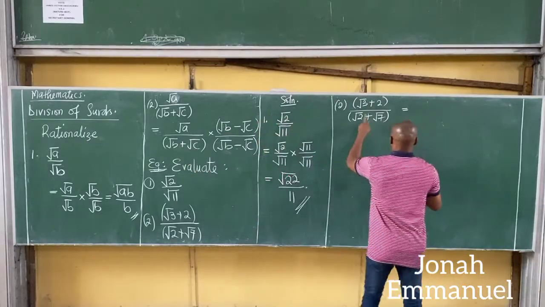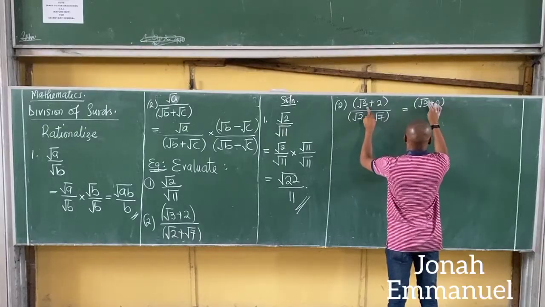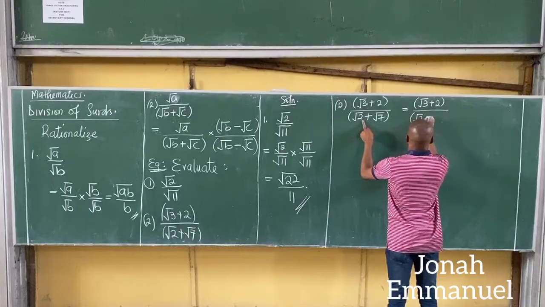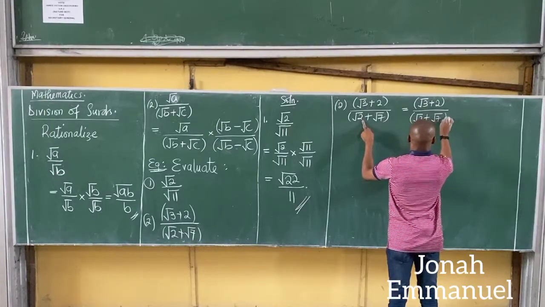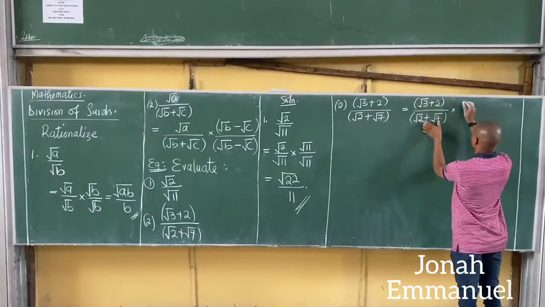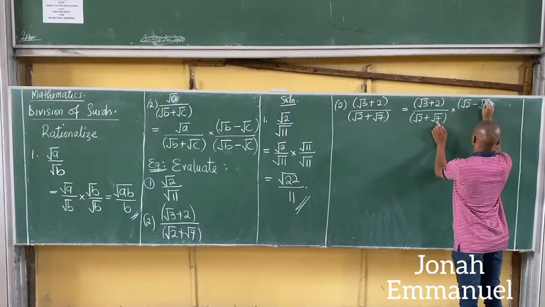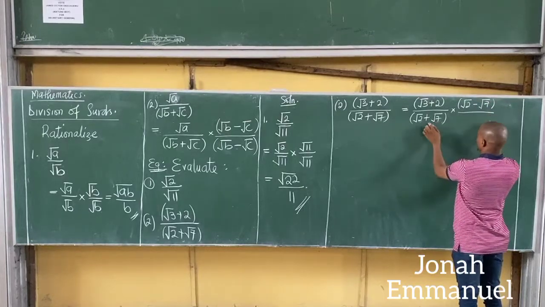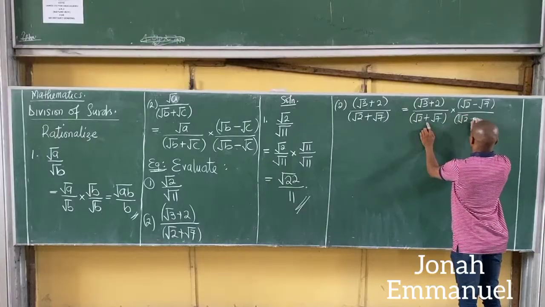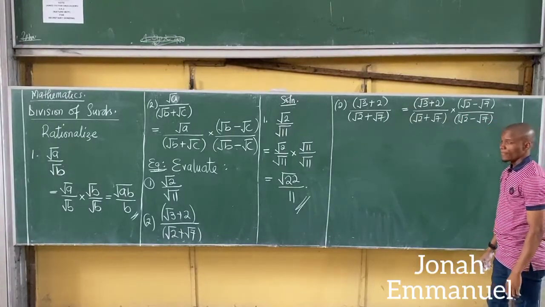So it's now equal to root 3 plus 2 all over root 2 plus root 7. Multiply this by the conjugate of the denominator, that's root 2 minus root 7, all over root 2 minus root 7. That's the concept.